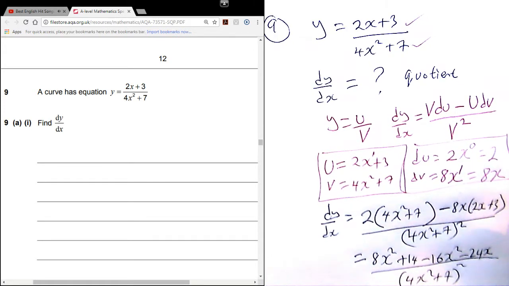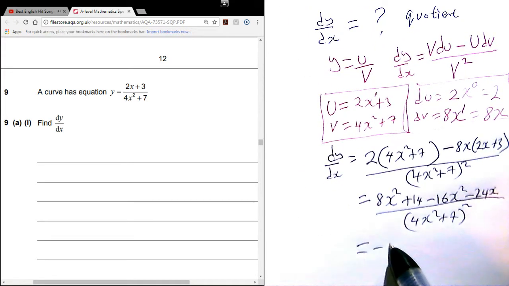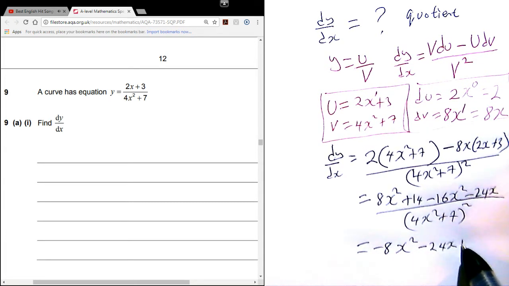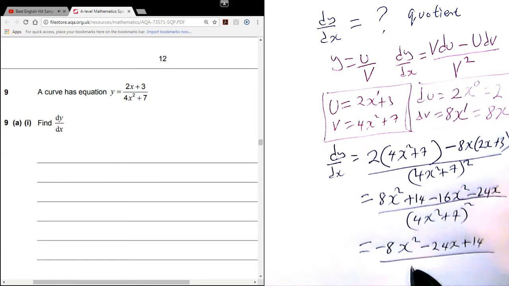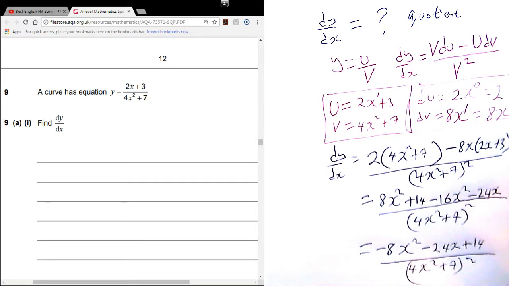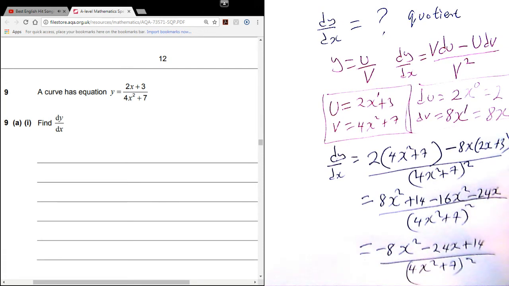Right, I need to simplify the numerator, and that gives me minus 8x squared minus 24x plus 14 over 4x squared plus 7 all squared. That's the dy dx sorted now. So you get 2 marks, or whatever the number of marks is for that.